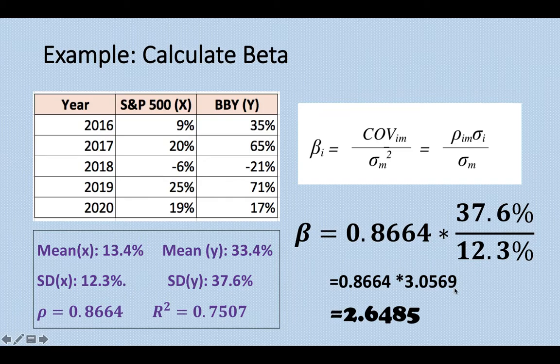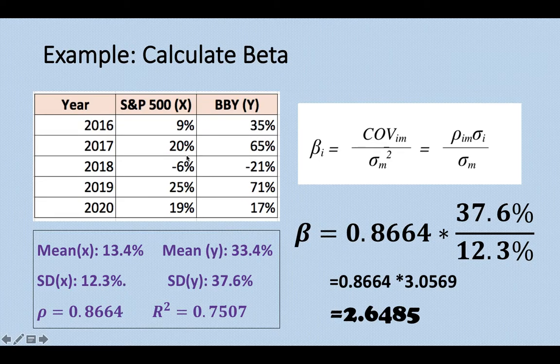Here's the example. This is the last 5 years of annual returns of the S&P 500 and Best Buy. So these are annual returns.